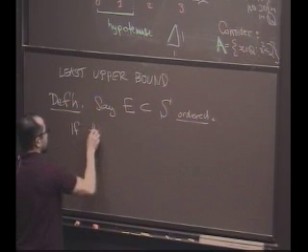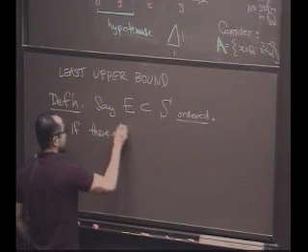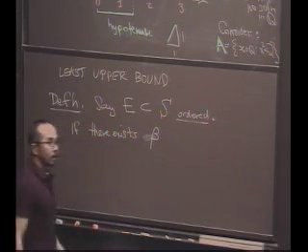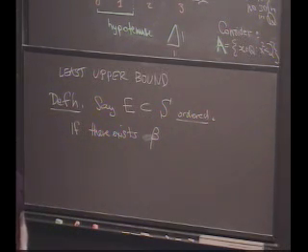So if there exists, let's say, a number, I'll call it beta for bound.